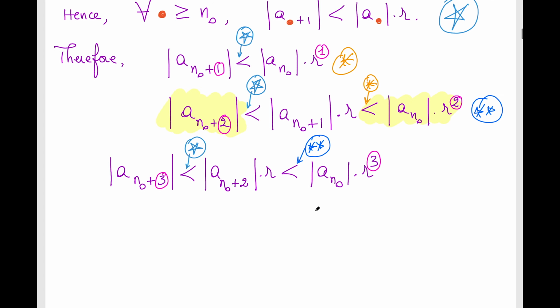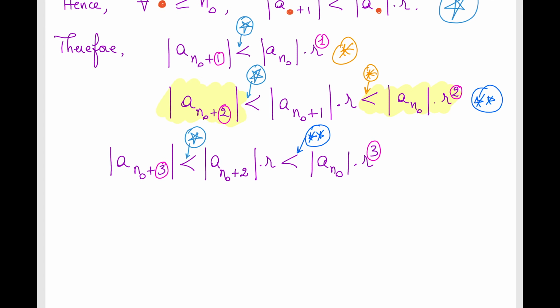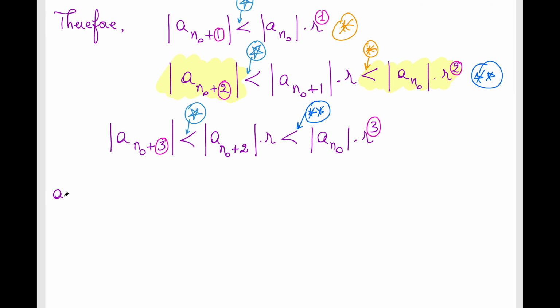So it makes it plausible to believe, even though we can show it. So in general, and so on, in general, we have what?